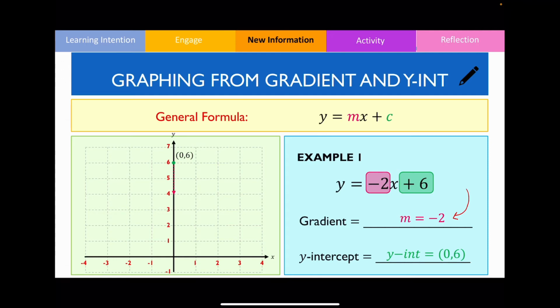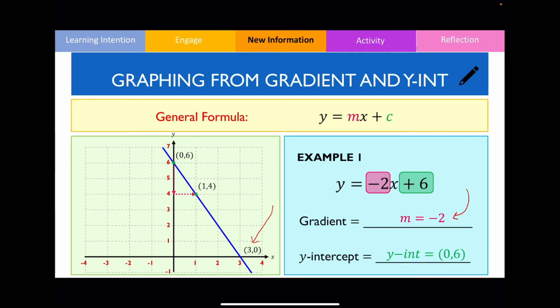So another coordinate that exists on the line is this one over here, where it's going to be (1, 4). Now that I know the second coordinate, I could easily draw a line in between these two coordinates to form its graph. So this is going to be my graph, and I could readily tell from this graph that my x-intercept is going to be where x is equal to 3.